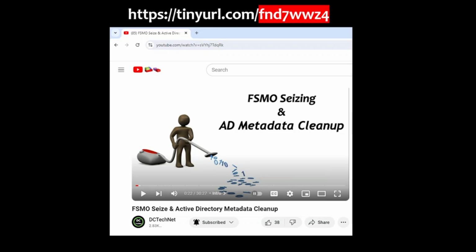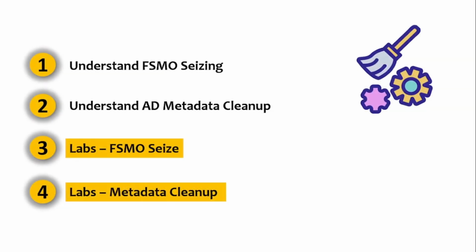I would highly recommend you watch the complete video. These are the contents of the video. We have two labs, one on FSMO seizing and another on Active Directory metadata cleanup, in which we performed FSMO seizing and metadata cleanup.